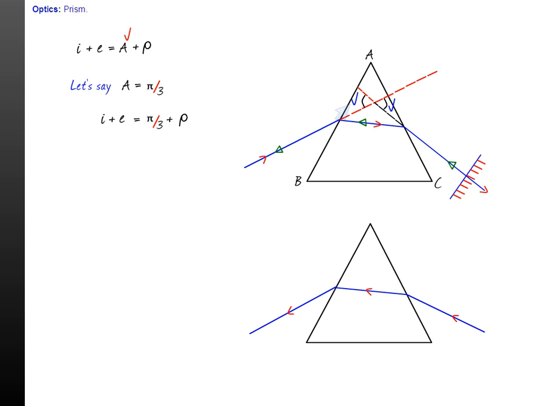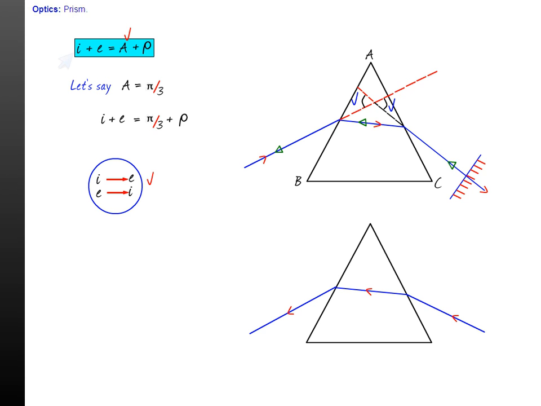What is the moral? The moral is, if I becomes E and E becomes I, in that case the angle of deviation will be the same. That was anyway expected also. Why so? That's quite clear from the equation. The equation is symmetrical in terms of I and E. So if I and E are interchanged, then rho will not be affected.